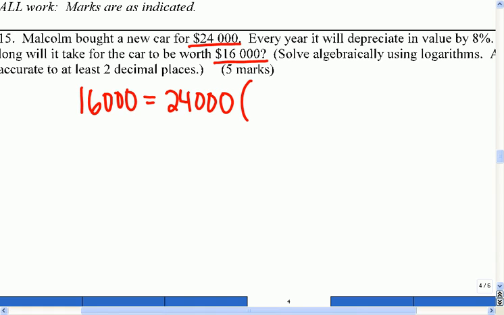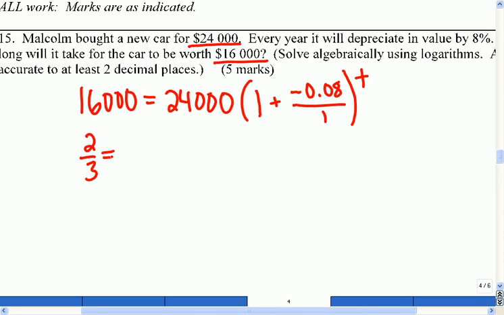Now, if it depreciates by 8%, most people I think will end up doing this in their rough work. If it's depreciating, it means I'm subtracting 8% every year. Some of you might jump all the way to 0.92 here, and that's fine.